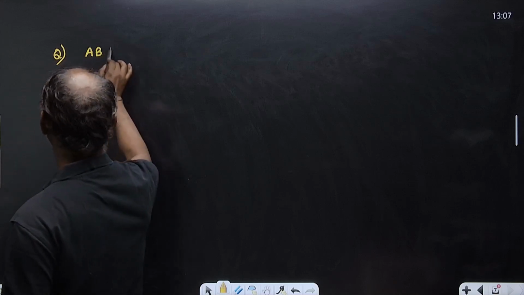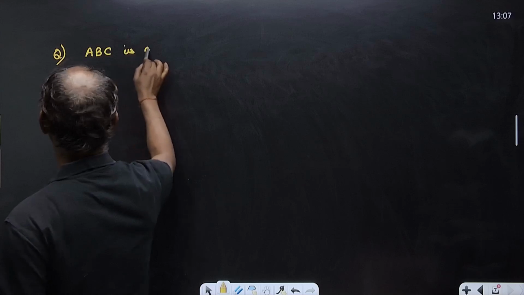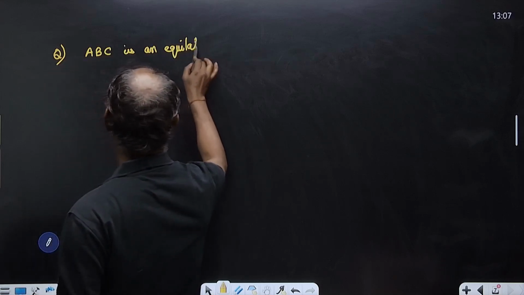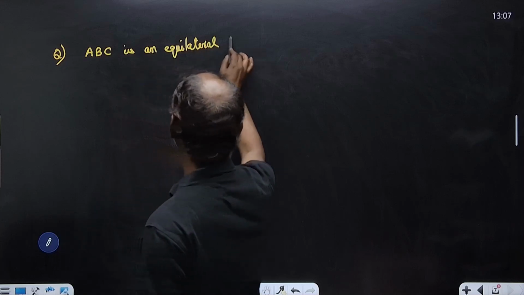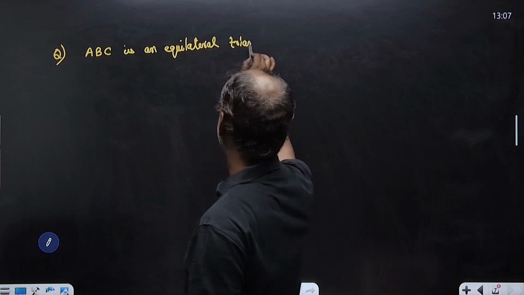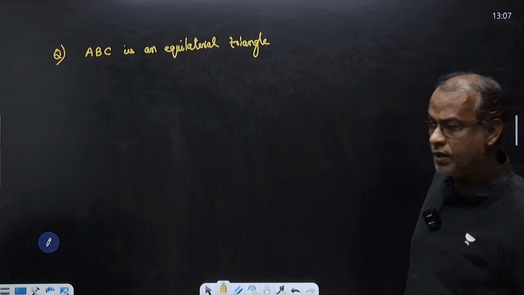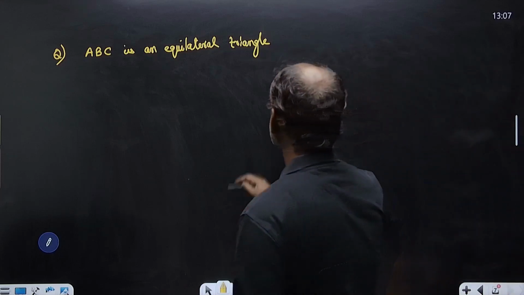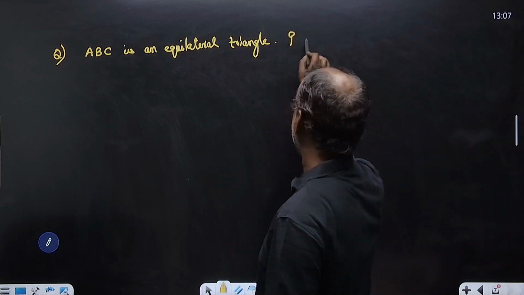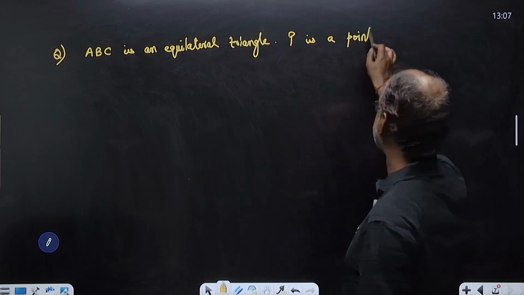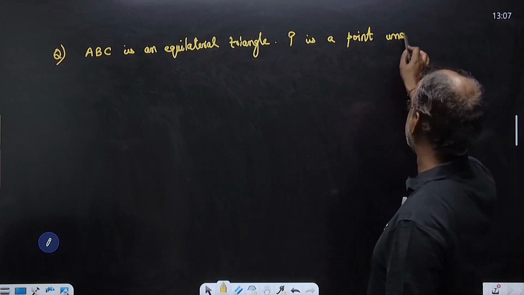ABC is an equilateral triangle. P is a point inside the triangle.